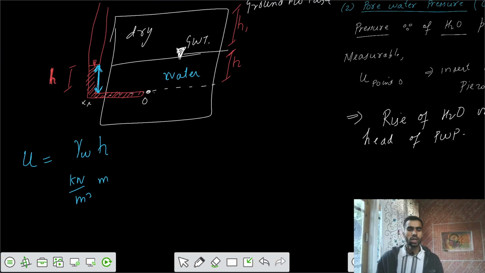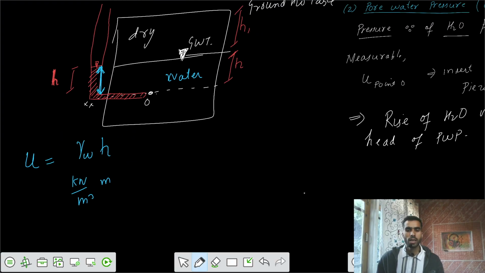So your pore water pressure is talking about the simple case, when there's no external loading. At that time the water rises in the piezometer only up to the level of the groundwater table.